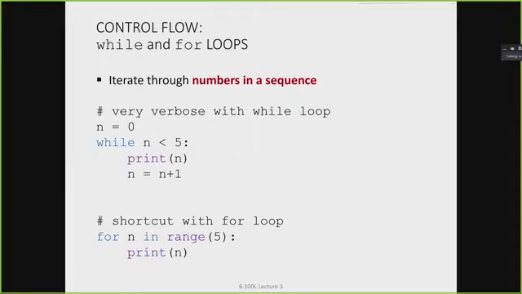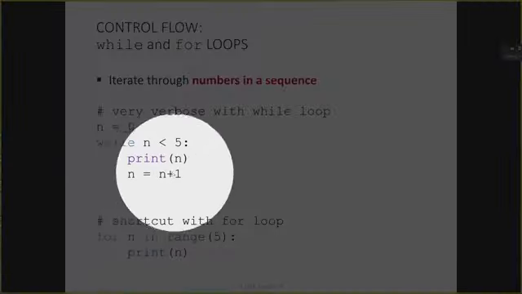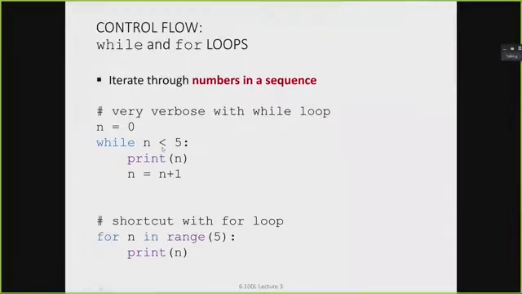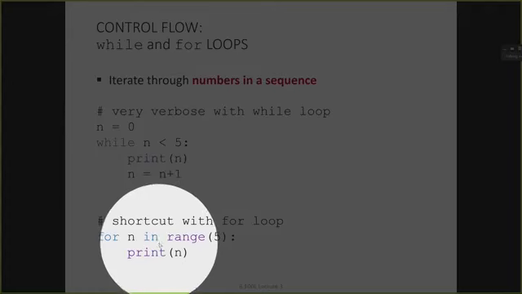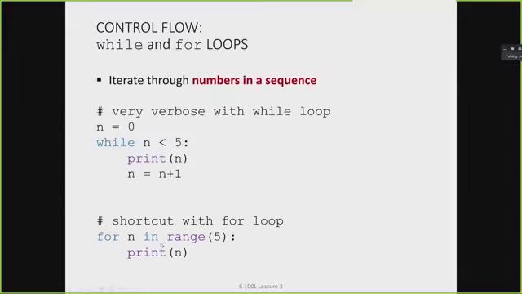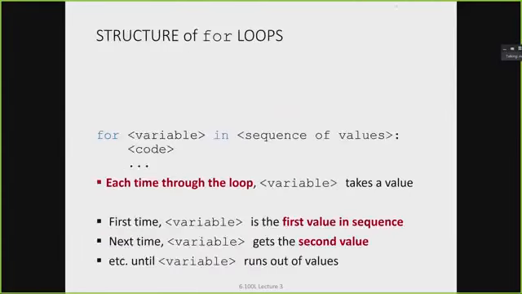Certainly it works, and you can do it, but it's very easy to forget to do something like this, in which case you'll get an infinite loop. With a for loop, those 4 lines of code just look like these 2 lines of code. So if there's a sequence of values you ever want to iterate over, that's what for loops are useful for.